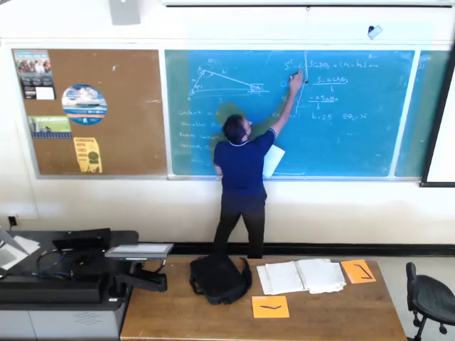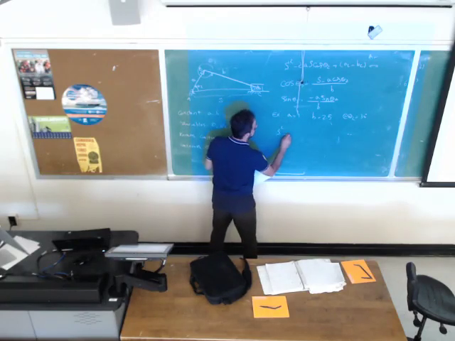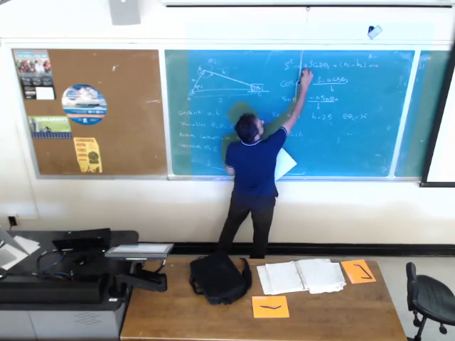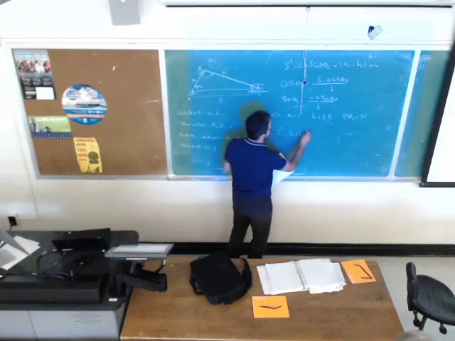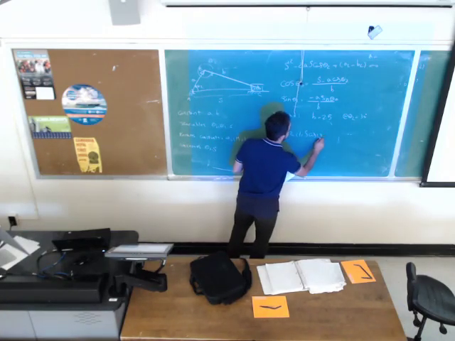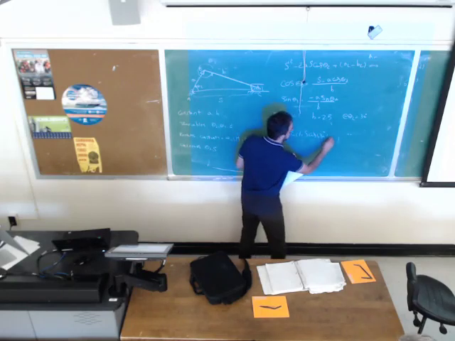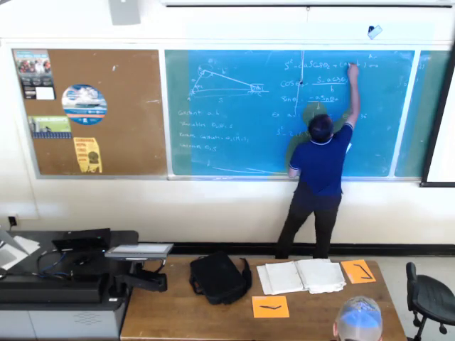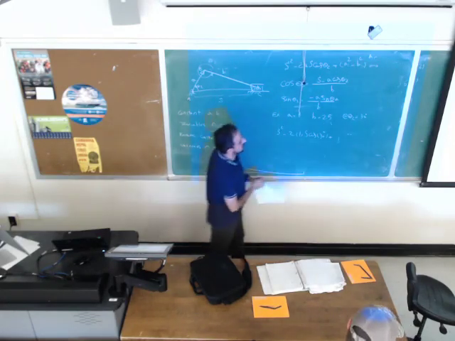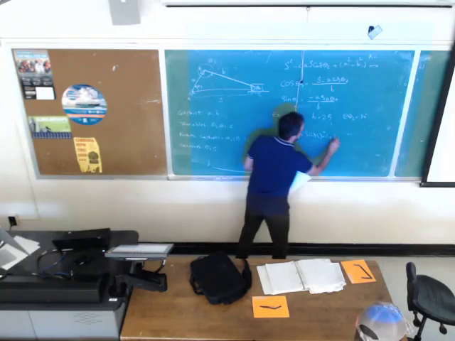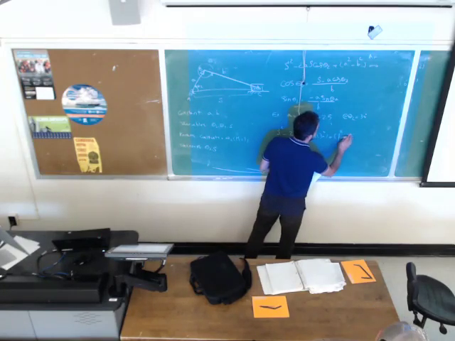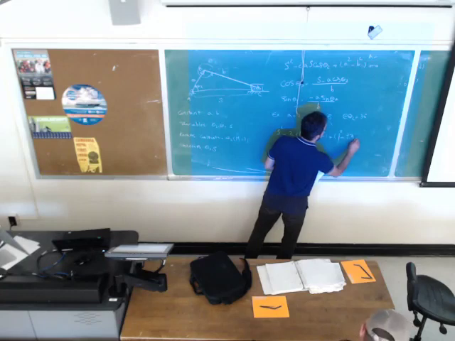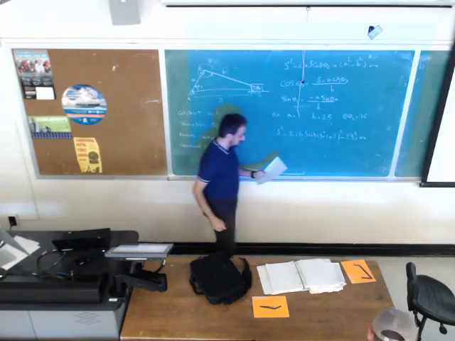So I'm just plugging the numbers in. S squared minus 2, A is 1, S is the variable, cosine of 30 degrees, plus A squared minus B squared, A is 1 squared, B is 2.5, and set it equal to 0.